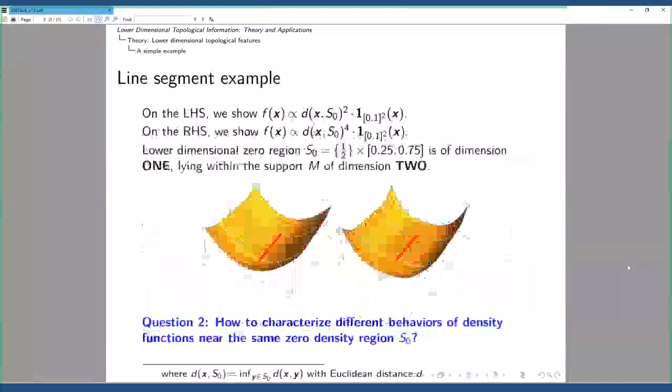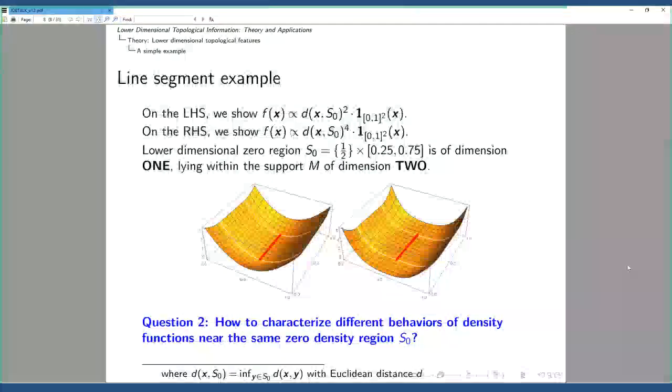So let's look at an illustrative example. In this figure, the orange surface denotes the density function. Both density functions share the same zero density region, which is the red line segment in the middle of the two-dimensional unit hypercube. The line segment obviously has Minkowski dimension 1, while the support of both density functions has Minkowski dimension 2.